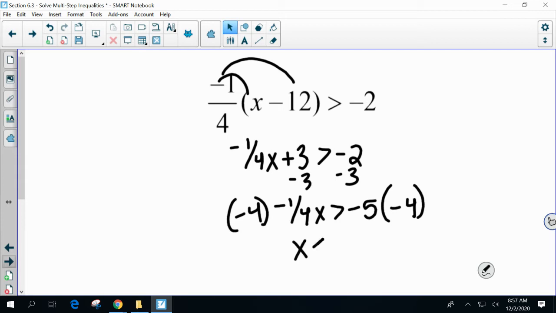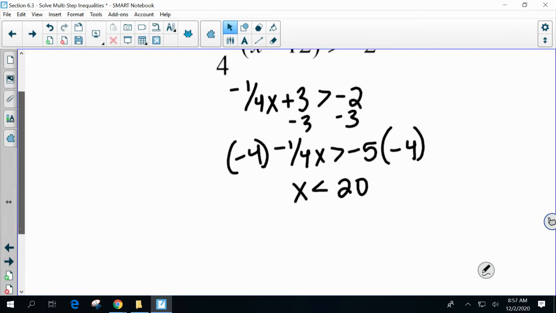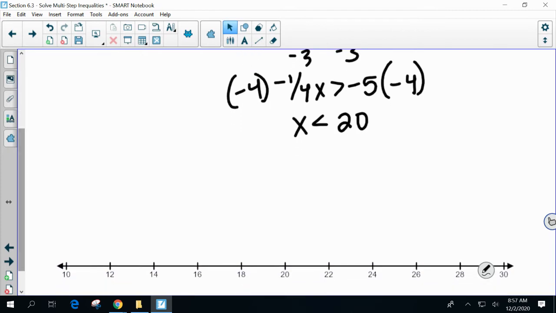So x is less than 20. So open circle at 20, arrow going to the left. Okay, I want you to try the next one.